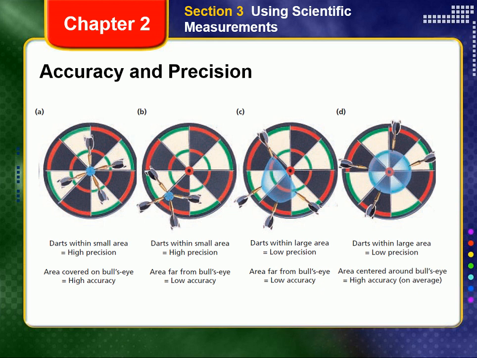Notice also that the darts are not evenly distributed around the bullseye, so the set, even considered on average, is inaccurate. In D, the set on average is accurate compared with the third case, but is imprecise. That is because the darts are distributed evenly around the bullseye, but are far from each other.